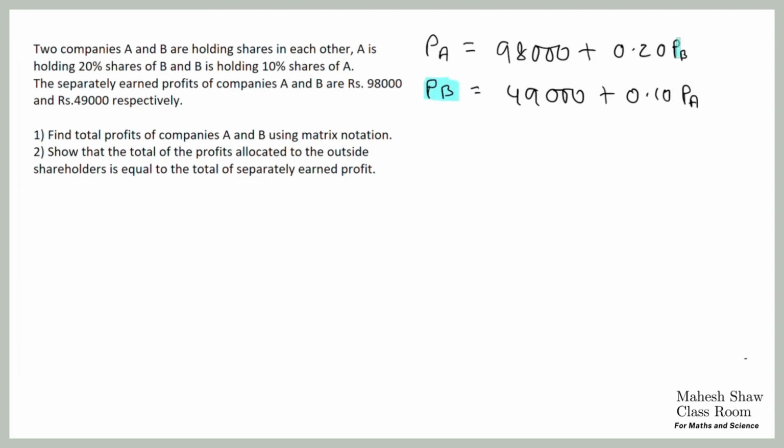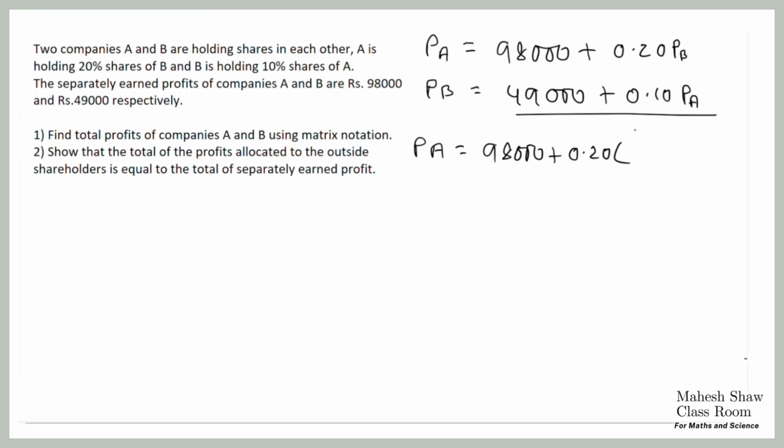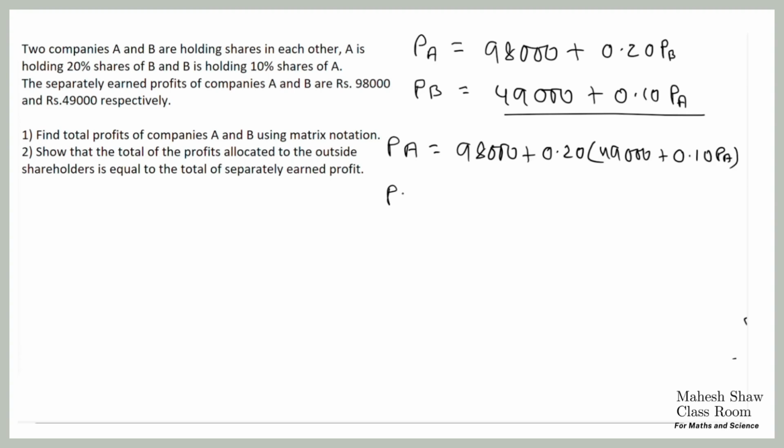If I replace this PB, doing substitution in the first equation, we get PA equals 98,000 plus 0.20 of PB, where PB is 49,000 plus 0.10 of PA. Now let's simplify this further.